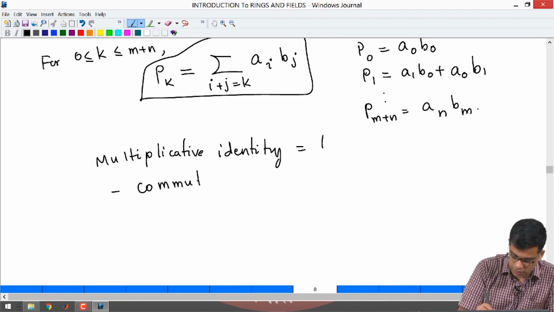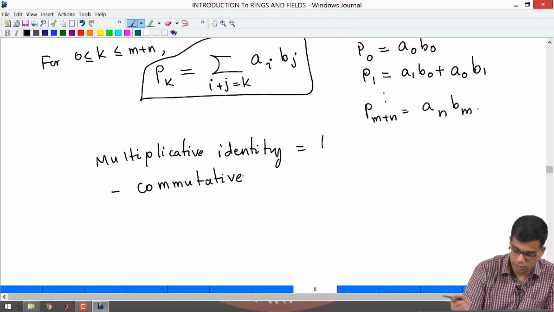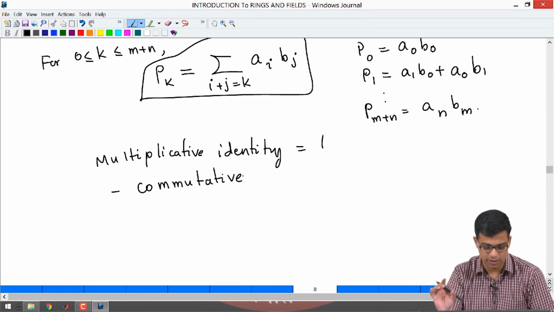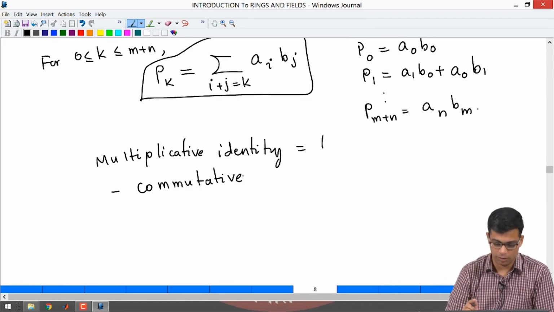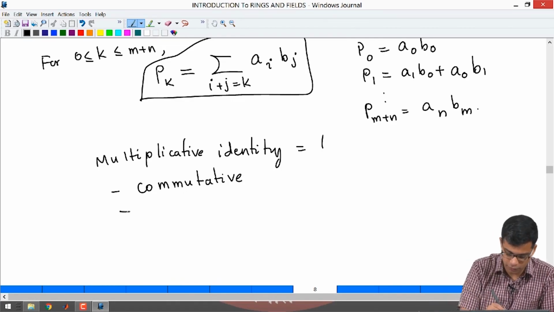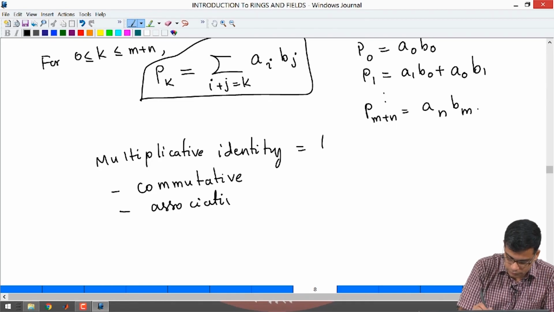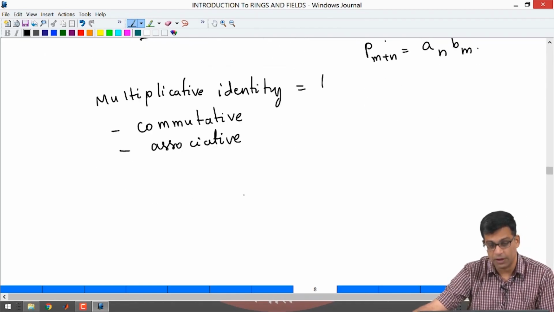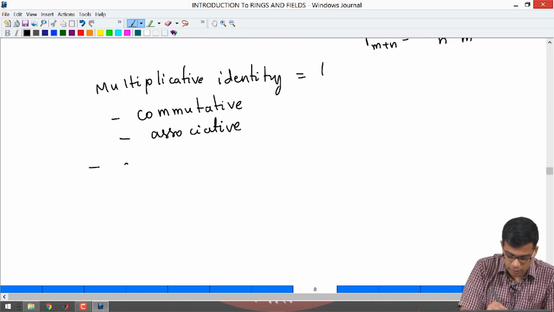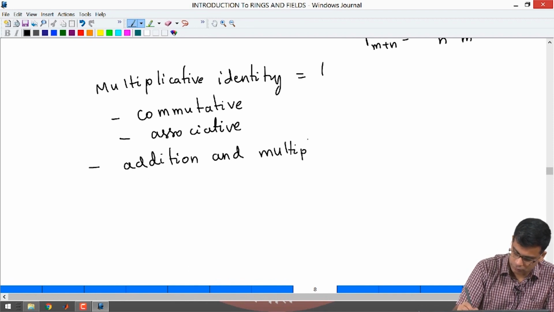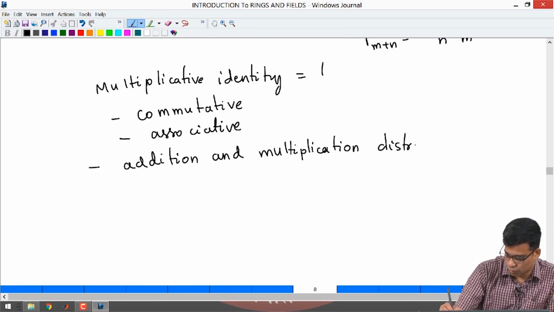right, because, okay, this requires a little thinking, but ultimately because multiplication in the base ring R is commutative, multiplication in the polynomial ring also is commutative, it is certainly associative, multiplication is associative, and finally addition and multiplication distribute.